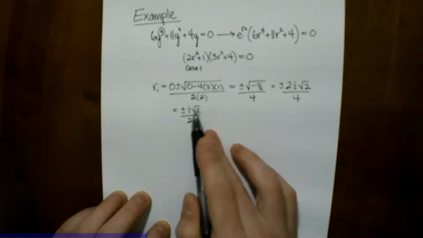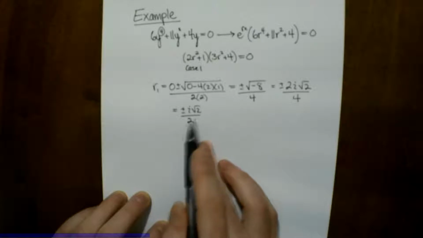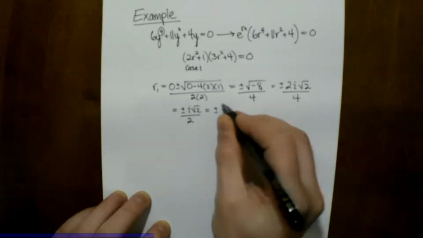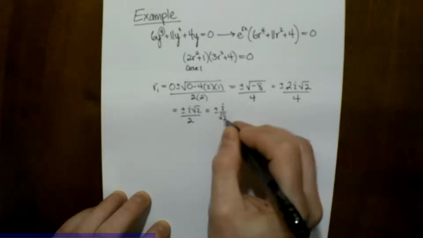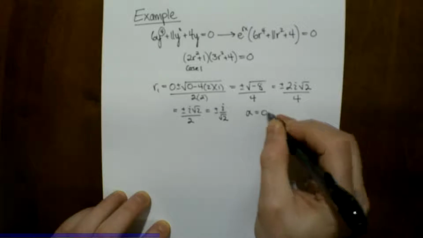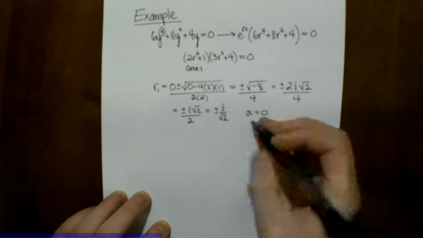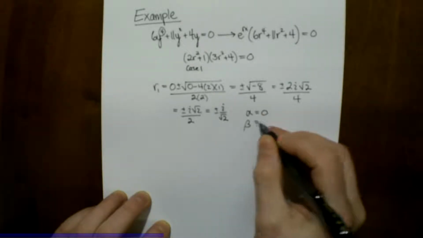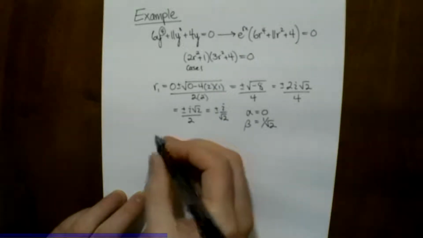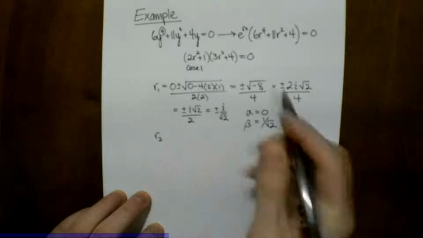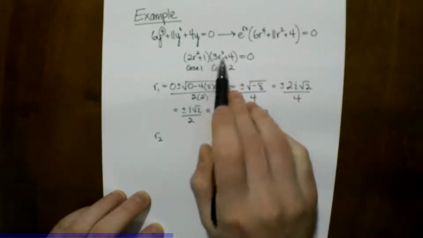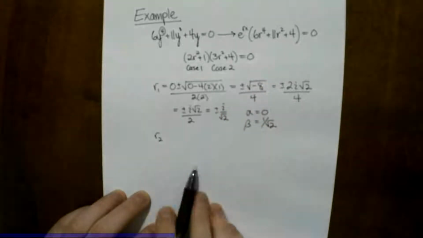So I'll cancel this root 2 with one of the 2 root 2's down here, and this then becomes plus or minus i over the square root of 2. So in this case, alpha is 0, we have no real component, and beta is then 1 over the square root of 2. So, how about case 2, where 3r squared plus 4 is equal to 0?